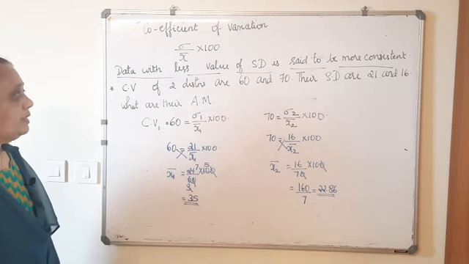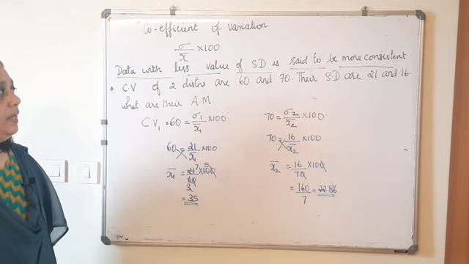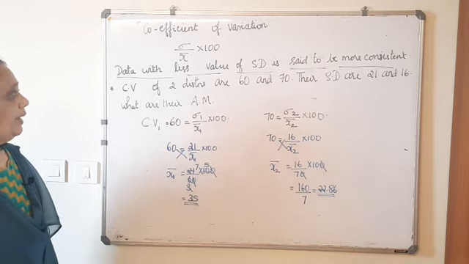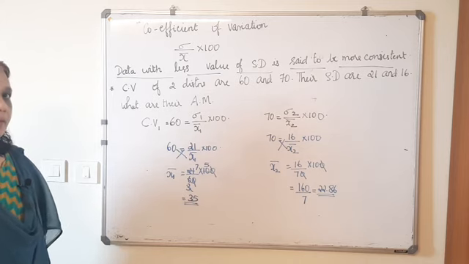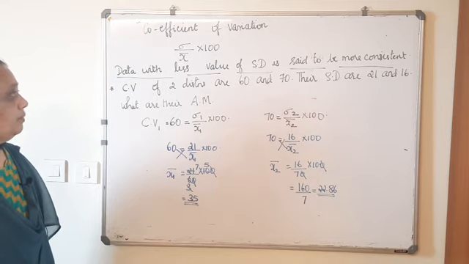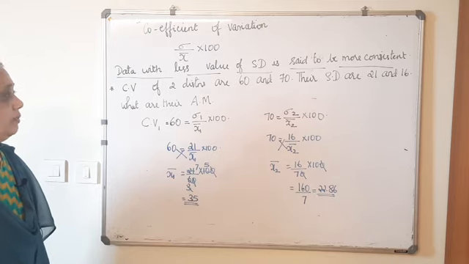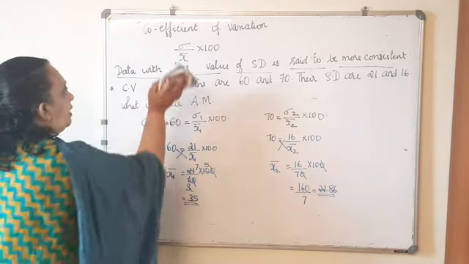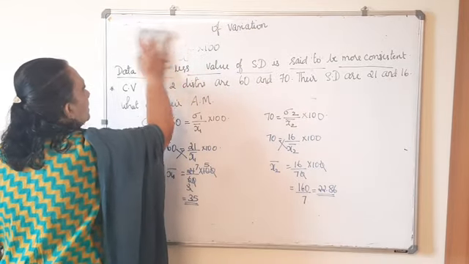Data with less value of standard deviation is said to be more consistent, and data with more value of standard deviation is said to be more variable.